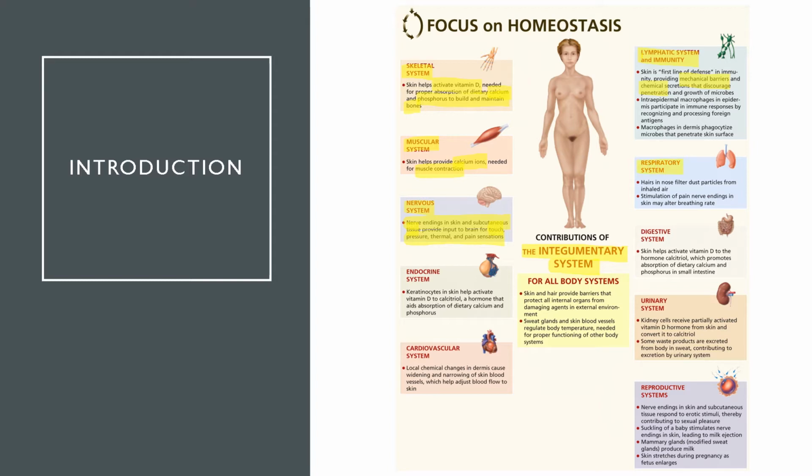Like in the respiratory system, hairs in the nose are going to filter out dust particles from the air that you inhale. And that calcitriol is also going to have a big role in the digestive system and in the urinary system as well. So just a few points here, just looking at different systems and really connecting them all together when we're looking at homeostasis.